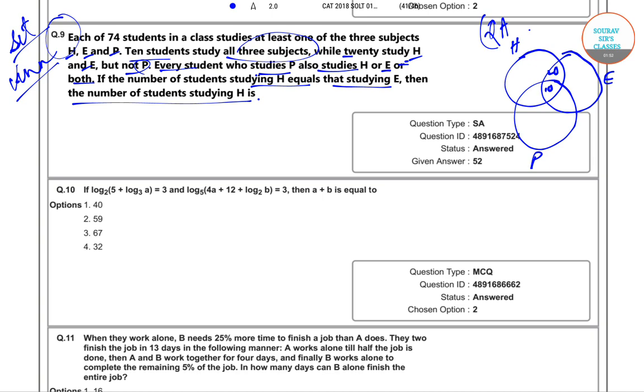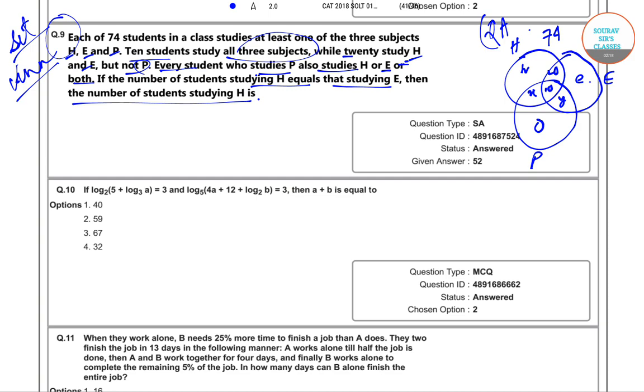Now every student who studies P also studies H or E. So that implies there is no student who is studying only P. So there will be a 0 over here, and we'll write X and Y over here. This portion we'll write as small h, and this portion as small e. Now it has been given that the total is equal to 74, remember.